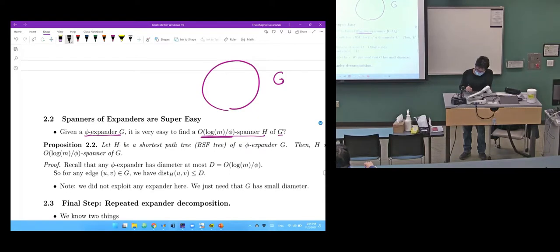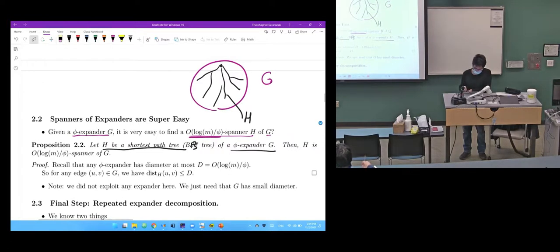The claim is that if you just take H to be a shortest path tree, or BFS if this is an unweighted graph, a BFS tree of G, then H is going to be a spanner with this quality.